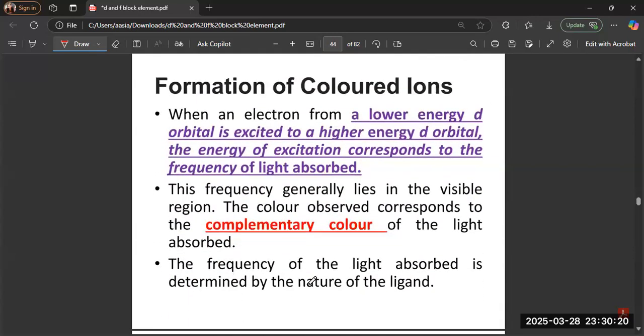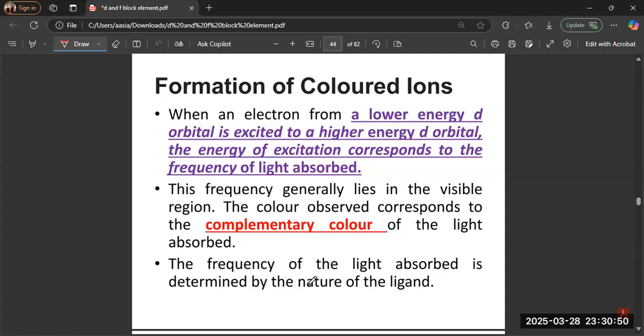Now here comes the formation of colored ions. Some ions form colored ions. When an electron from a lower energy d orbital excites to a higher energy level, the energy of excitation corresponds to a frequency of light absorbed.